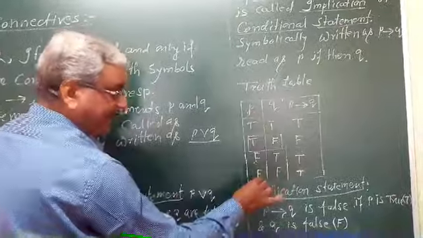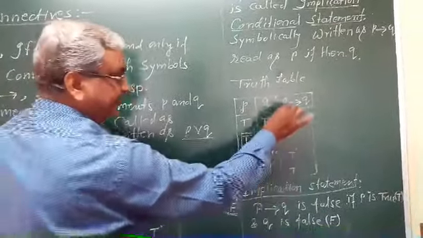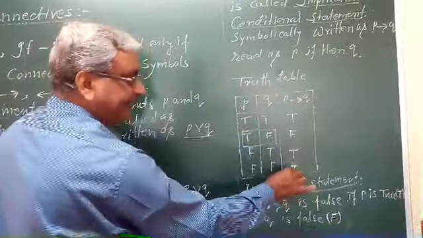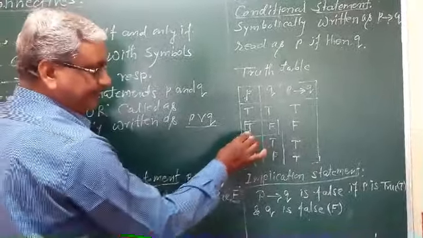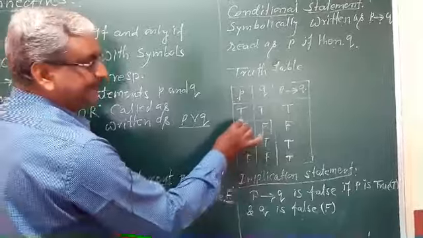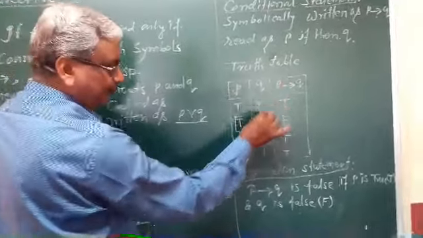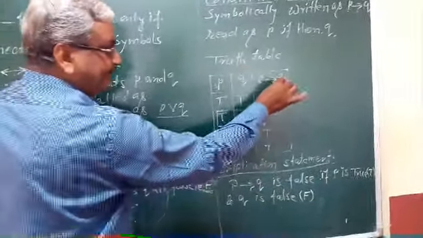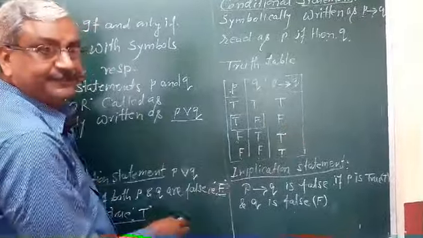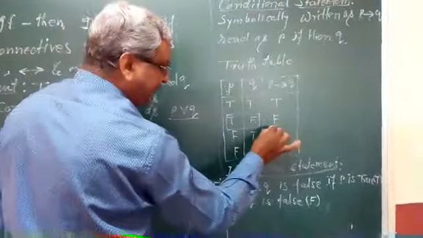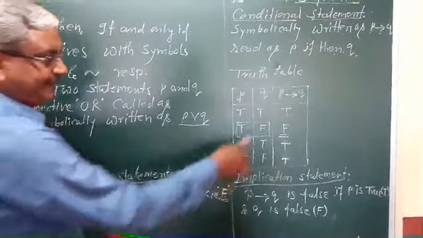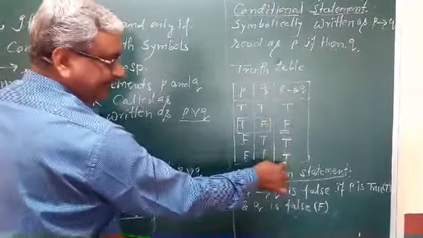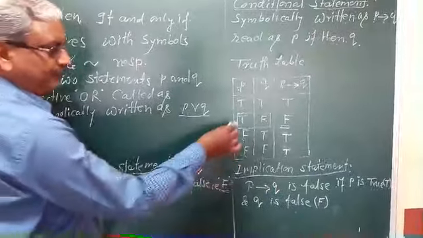P is false, Q is false, then P implies Q is again true. Now the term left, that is P is true, Q is false, then P implies Q is false. So you have to remember only this value for the rule, and otherwise it is true.